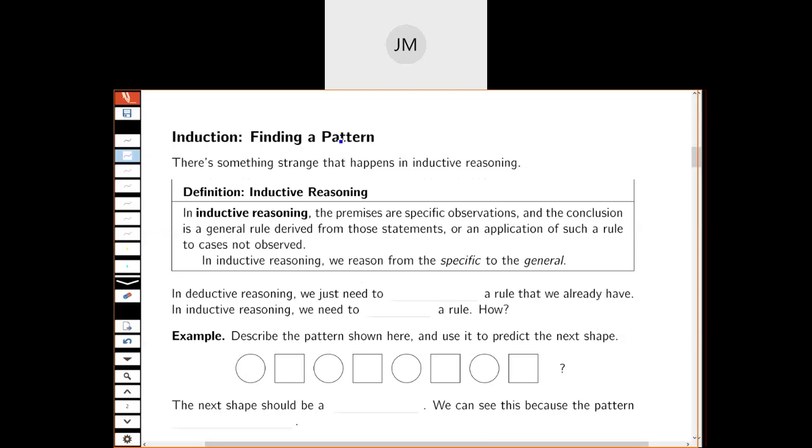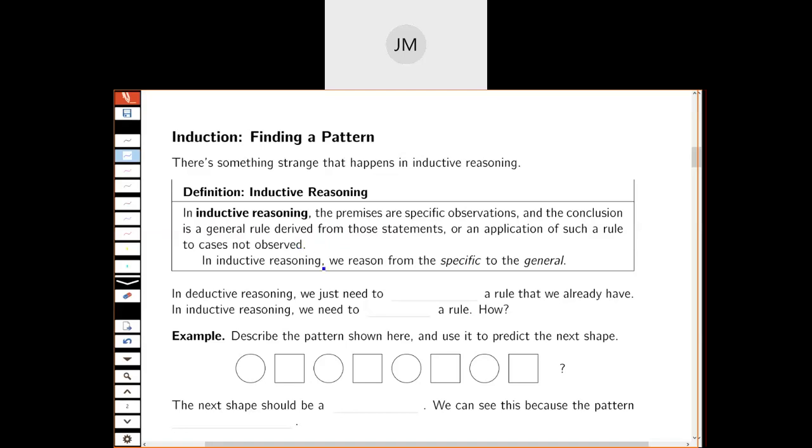So in inductive reasoning, because our premises start with specific observations and our conclusion is a general rule that we derive from those observations, what we need to be able to do is look at our data, however it's given, and typically we want to find a pattern, okay? And this is why we call it going from specific to general, because we're looking at specific observations and we're looking at some sort of general rule.